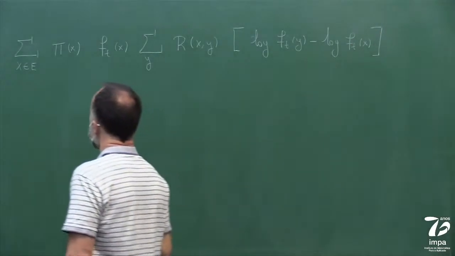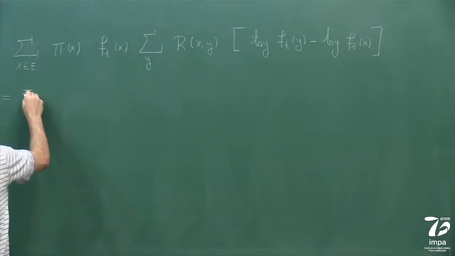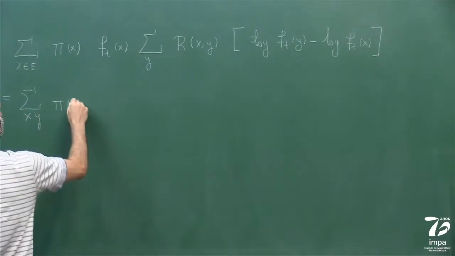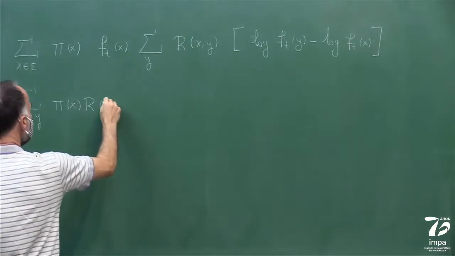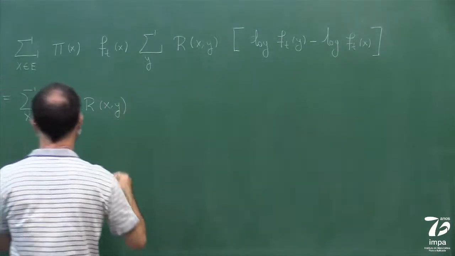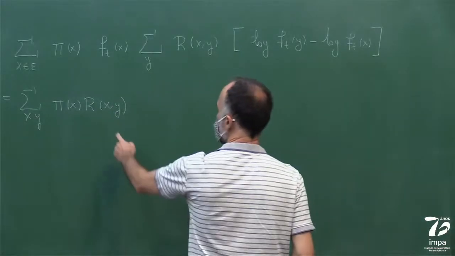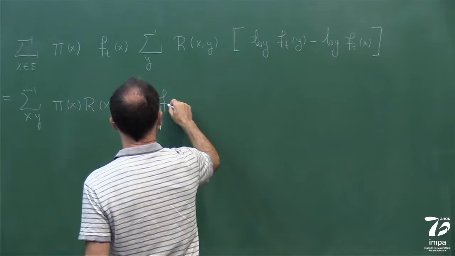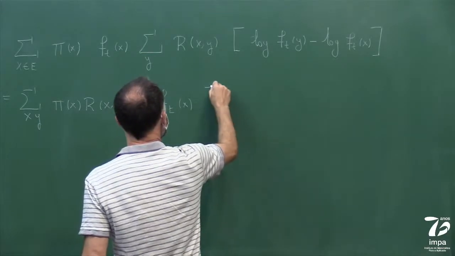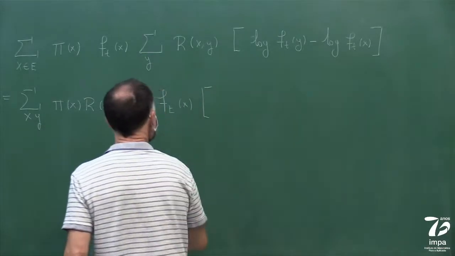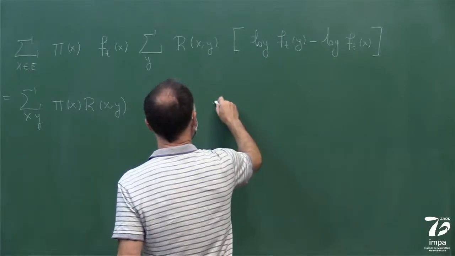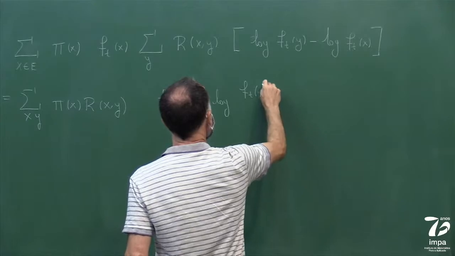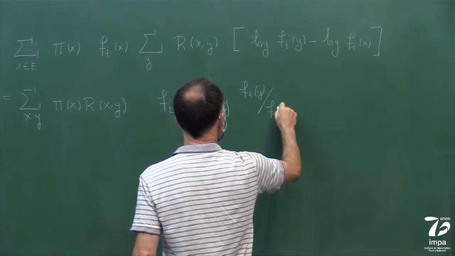Okay? And so I can write this as a sum over x and y of pi(x) r(x,y). So this is a positive term, because the rates are positive and pi is positive, of ft(x). And here, let me write this difference as log of ft(y) divided by ft(x).